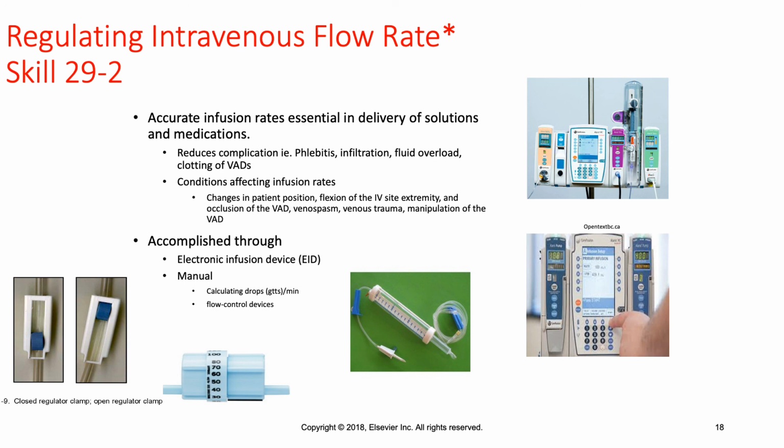Okay, and then the other image that you see to the right of that dial of flow is another type of flow control device. You may hear it referred to as a Volutrol. And what you can do with that is simply fill it with a specified volume, maybe 100 milliliters.